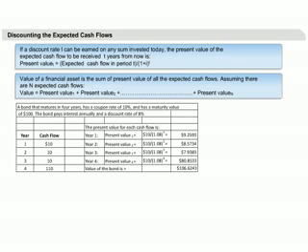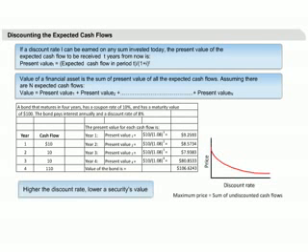Each of these cash flows is then discounted to the present using the interest rate of 8% as mentioned in the problem. The sum total of the present value of all the 4 cash flows gives the value of the bond, that is $106.6243. When we plot the price of security with the discount rate on a graph, we see that the higher the discount rate, the lower is the security's value.